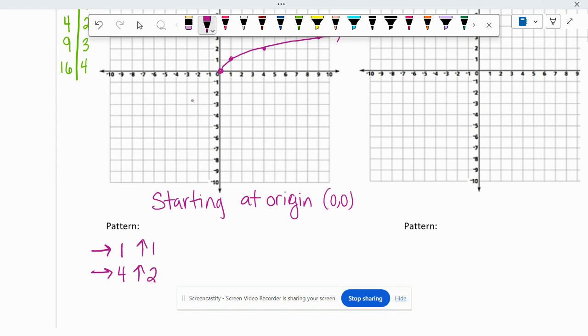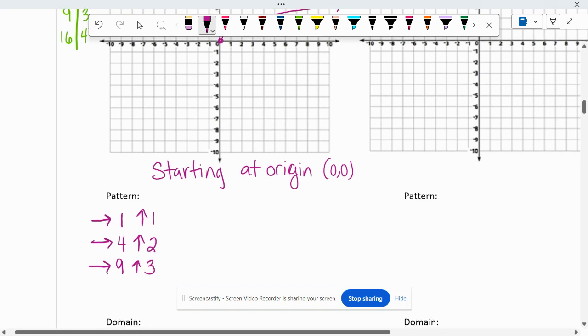Well, that's up 2. And if I move 9 units to the right, what's the square root of 9? Well, that's up 3. So that's my pattern. Remember, once you figure out what your pattern is, you multiply that by your a value. Remember, a is the leading coefficient inside of your function, like the coefficient that leads your function, okay?